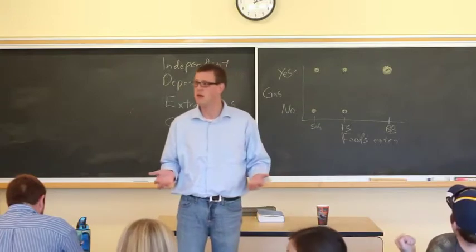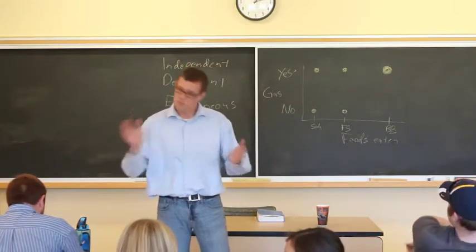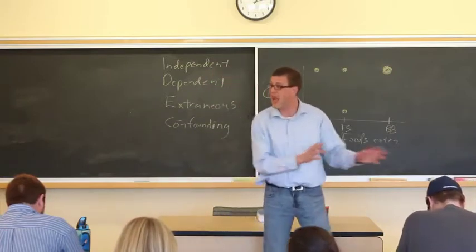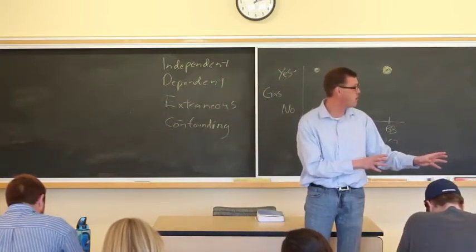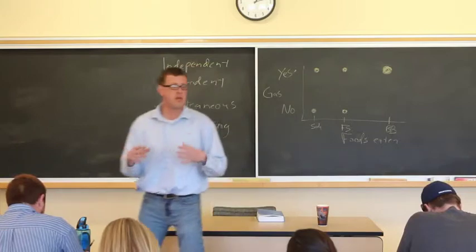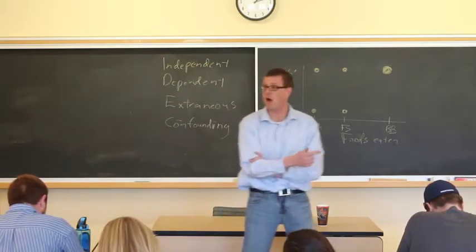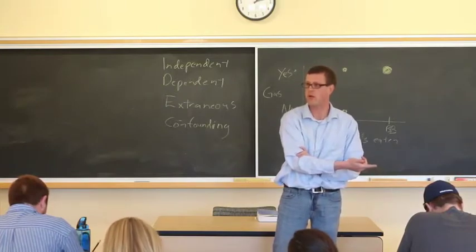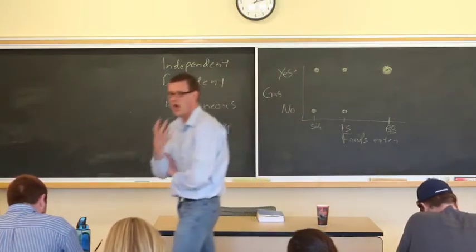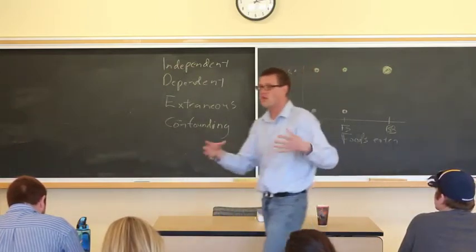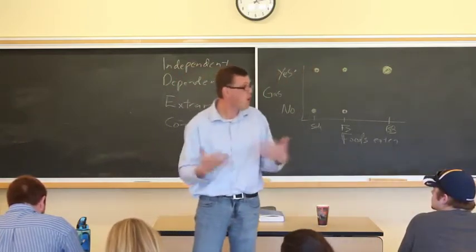A variable that can influence the outcome of another variable. Beautiful, that's perfect. So one variable that can influence the outcome of another variable. Stated differently, it would be a variable that when changed will change the outcome of some other variable. So if we think about the ice cream and drowning thing, these two things are related, they're correlated.